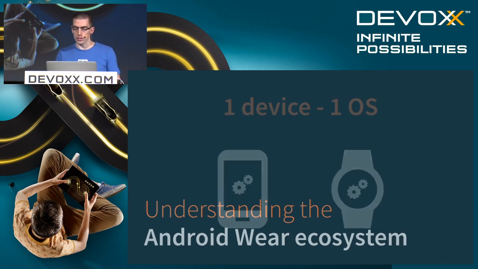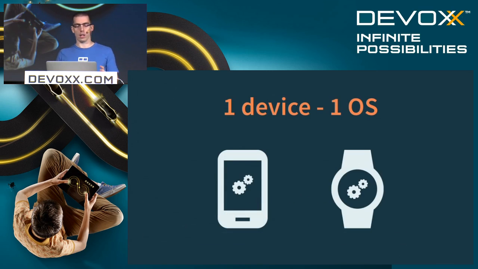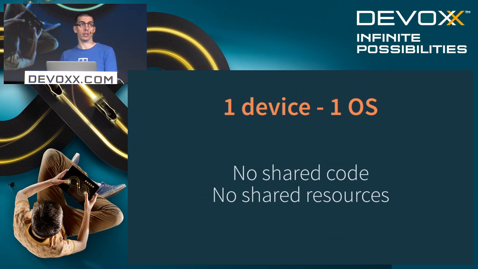The first thing to understand is that when you have a phone and a wearable, you always have one operating system per device. That basically means that you have no shared code whatsoever or shared resources. So what you're doing on the wearable is not executed on the phone, and what is executed on the phone is not executed on the wearable.